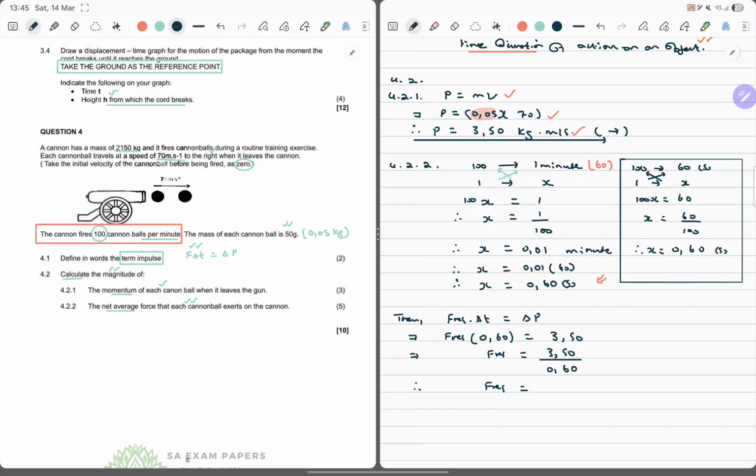There's quite a small force, this is 5.83 newtons. Now, we only wanted the magnitude, but in which direction would this be? It would be to the right because it came out positive. So treat vectors with some respect, guys, even if it's not demanded.